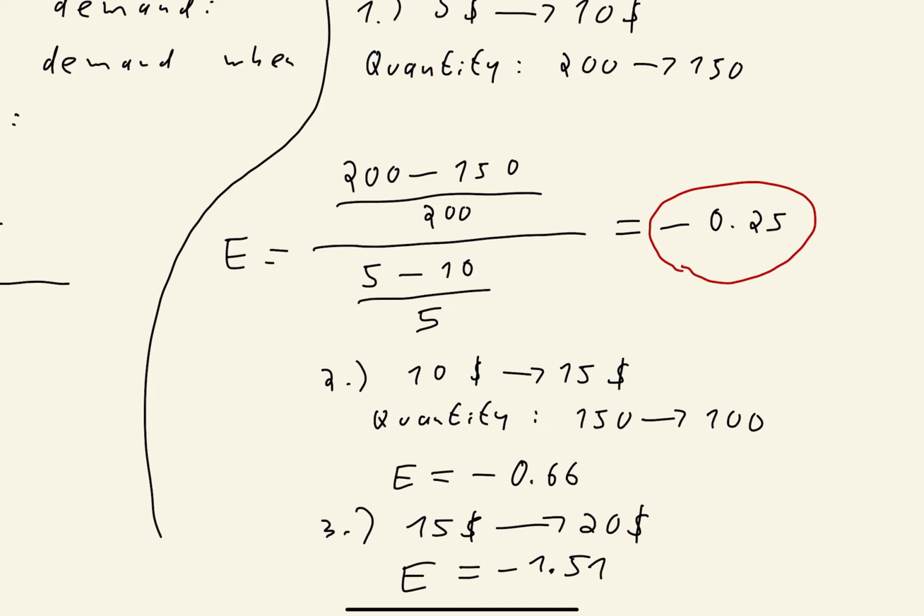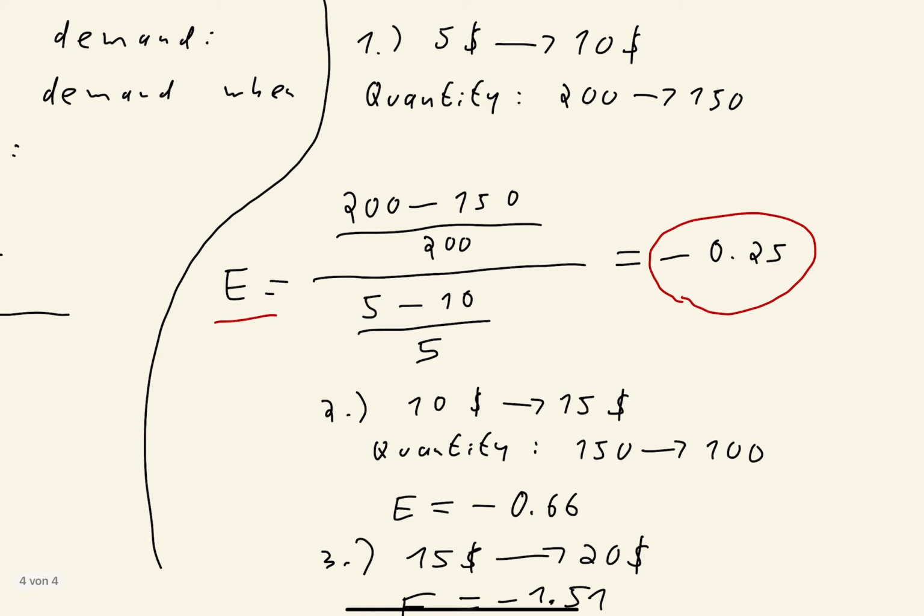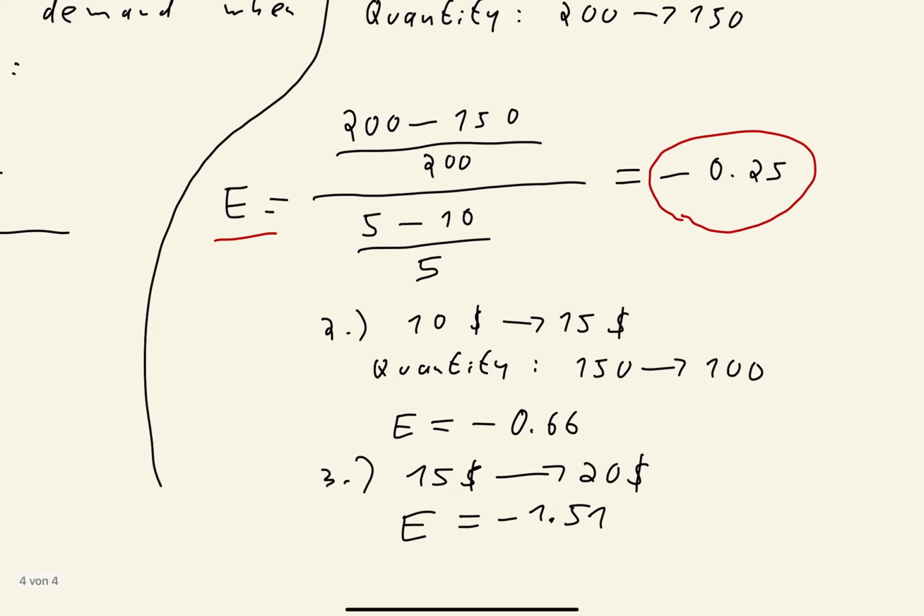Basically, if we consider, for instance, the first elasticity when the price is increasing from $5 to $10, it's saying that if the price is doubling from $5, then the demand will decrease by 25%. That's what the statement basically is.